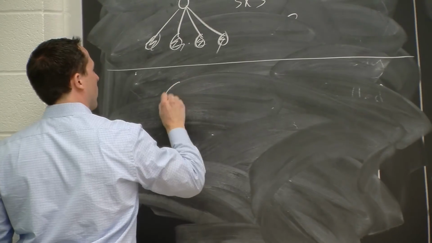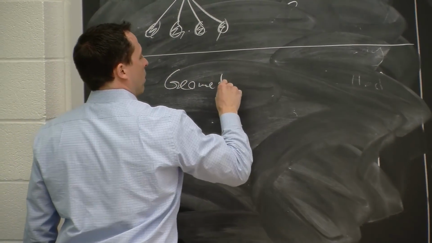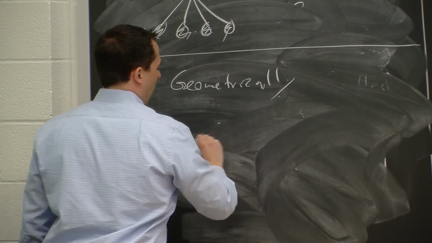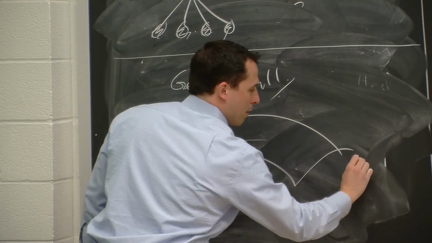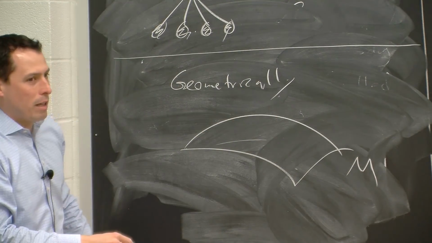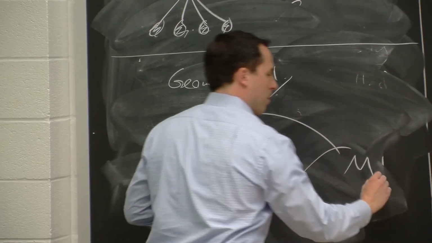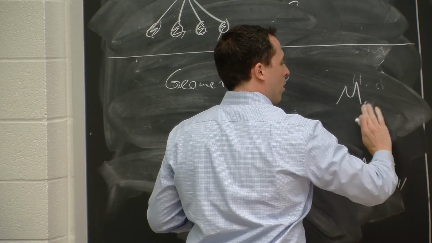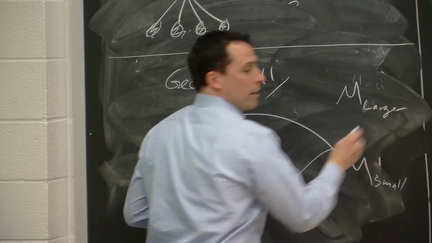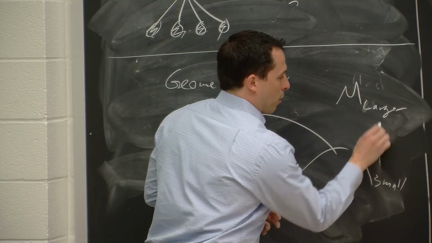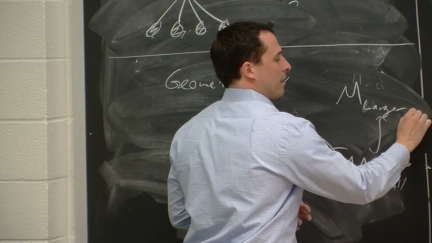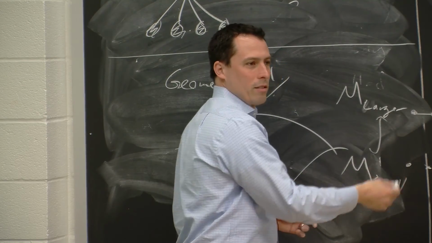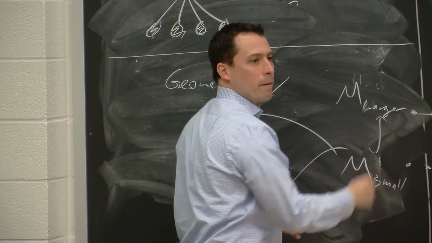Geometrically, I kept drawing these pictures where I have a model, which we usually thought of as a hierarchical model. It sits inside some larger model. Maybe it's independence sitting inside of dependence, or something more complicated.